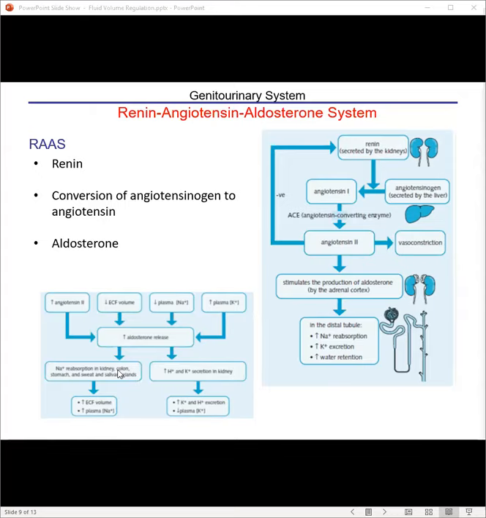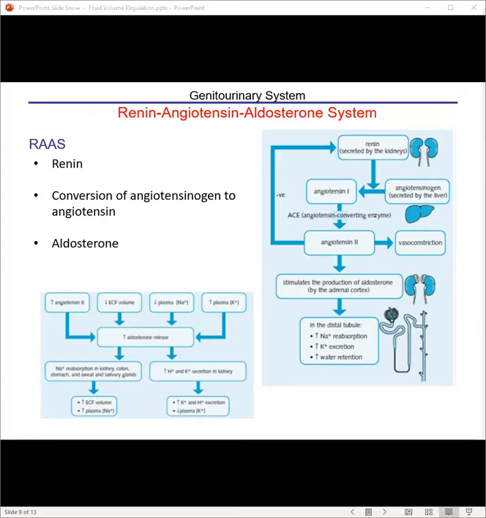And another function of your aldosterone is increased excretion of the hydrogen and potassium ion through the kidney. So the net effect of these actions is to increase ECF volume and increase plasma sodium, and also to increase excretion of potassium and hydrogen ion, and also decrease the level of plasma concentration of potassium.